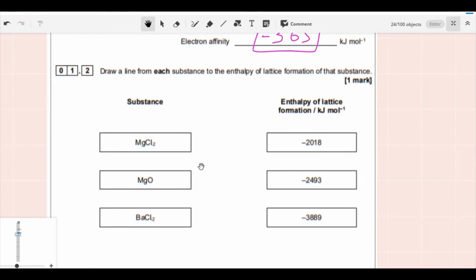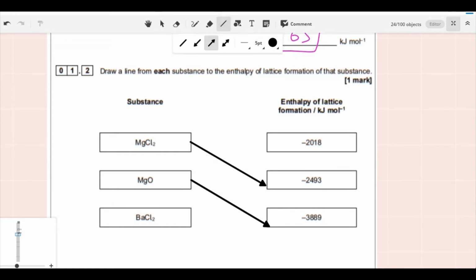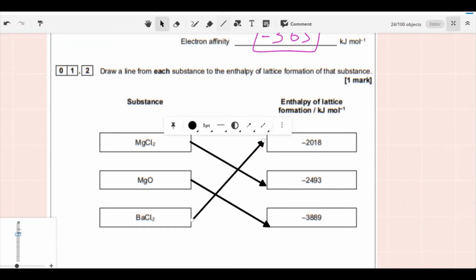For example, the enthalpy of lattice formation of magnesium chloride is minus 2493. So here I am going to put that arrow. Now the next one, magnesium oxide, is minus 3889, while barium chloride will be minus 2018.